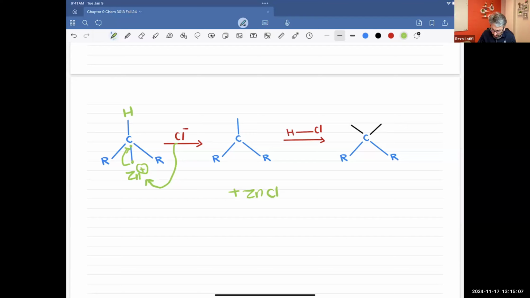And here we will have a negative charge on carbon. And remember, we do have hydrogen there. Now, this one has a -1 charge. Again, similar to the previous step, it's going to go after hydrogen, and it will pull this new hydrogen from the HCl, and it will turn to a saturated compound.